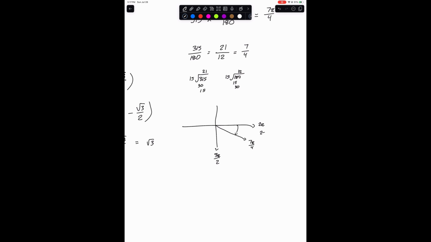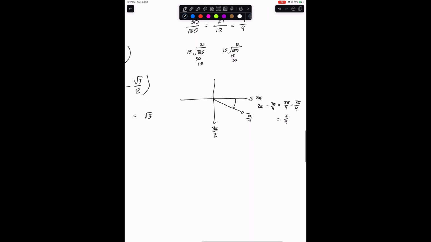This is 2 pi minus 7 pi over 4, which is 8 pi over 4 minus 7 pi over 4. This is pi over 4. So my reference angle is pi over 4, which has values of root 2 over 2 and root 2 over 2.